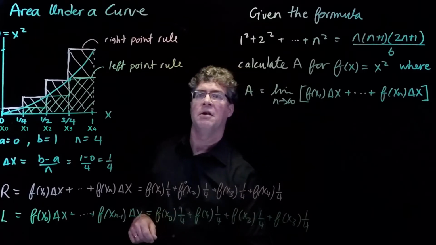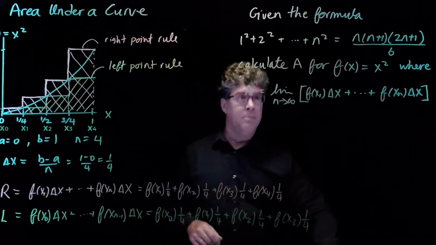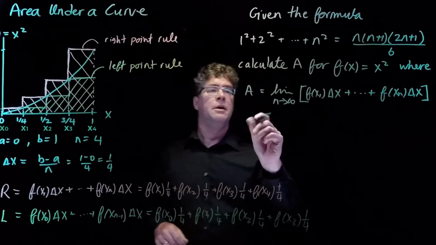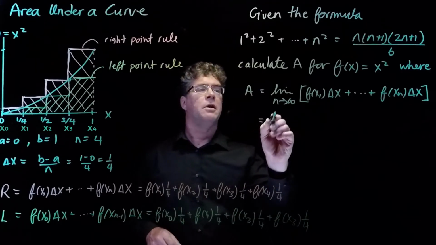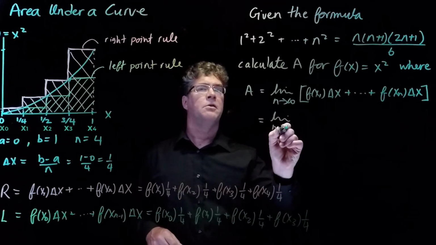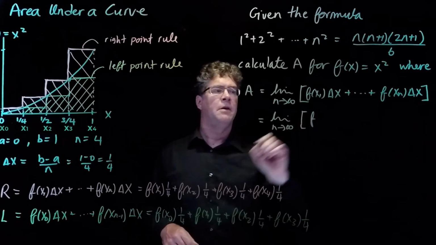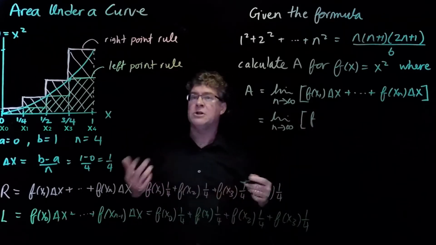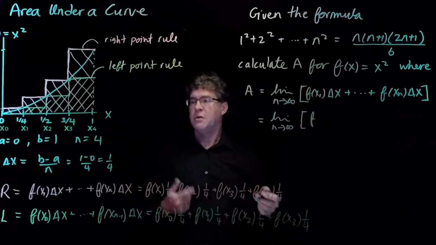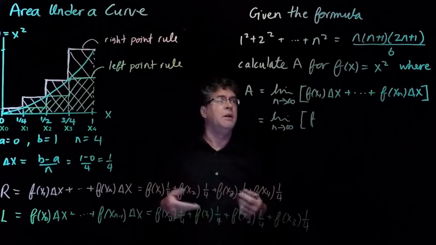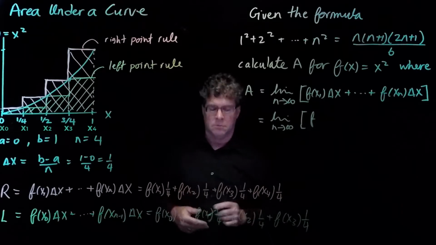So let's get started. We want to plug in here, so we're going to take the limit as n goes to infinity of f of, now we actually need to know what to put in here, so let's calculate what x1 through xn are.